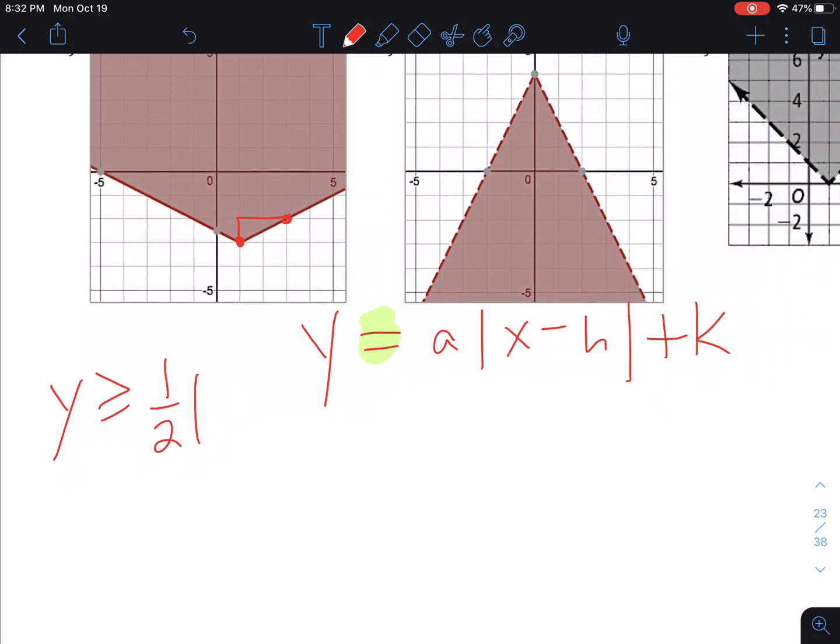Now, for the H and the K, you may want to write down what the vertex is. This point will be your HK. So that is 1 and -3. That's your HK. So x minus 1, close the absolute value, then -3.